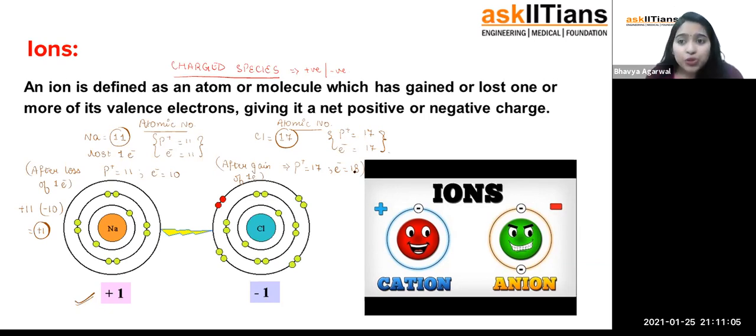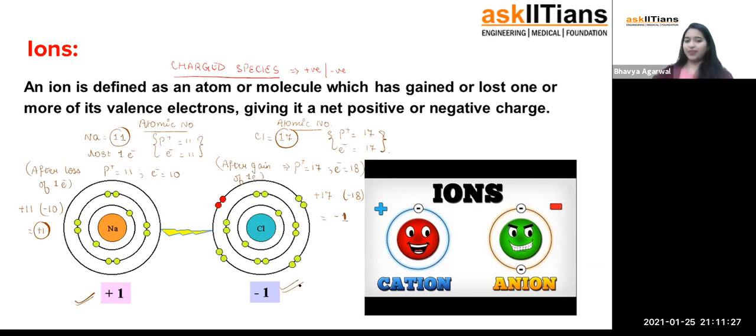Protons were positively charged, so can I just write positive in front of 17? So plus 17. And since electrons are negatively charged and they are 18 in number, minus 18. Plus 17 minus 18 will give you minus 1.